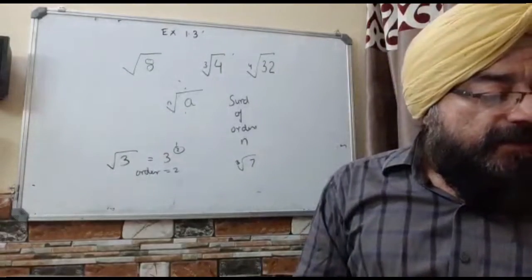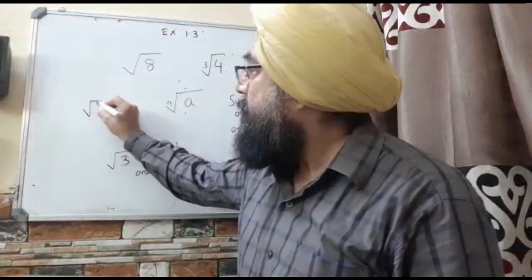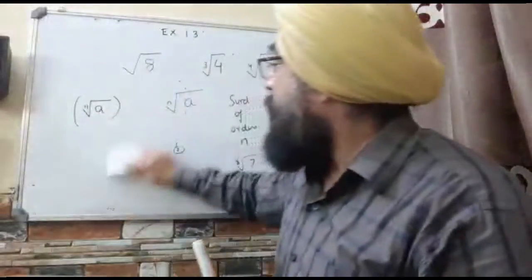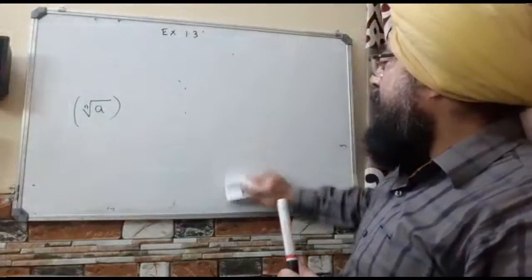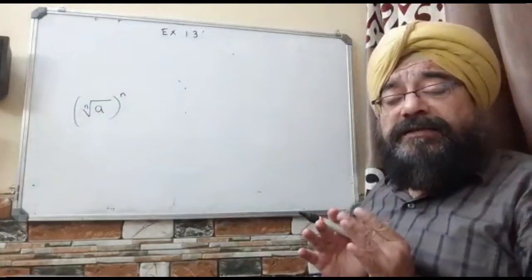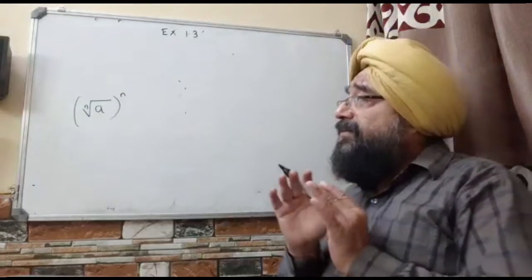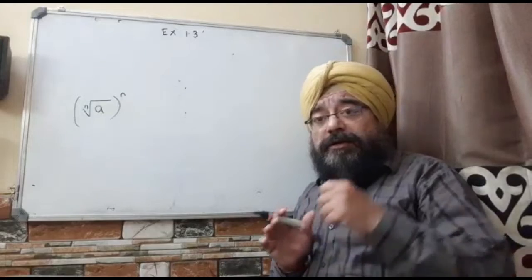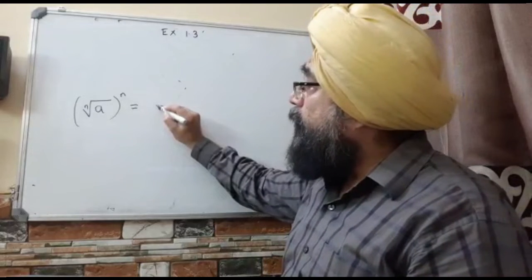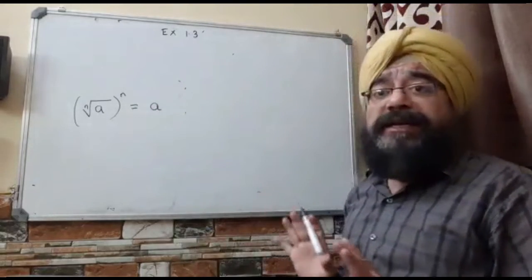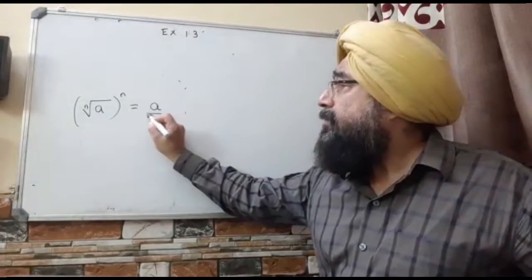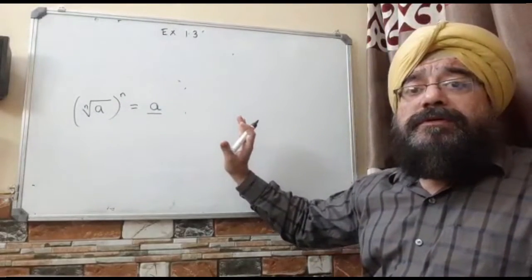If we have any surd of the order n raised to the power n, it becomes equal to a. So the surd disappears and a rational number comes out.